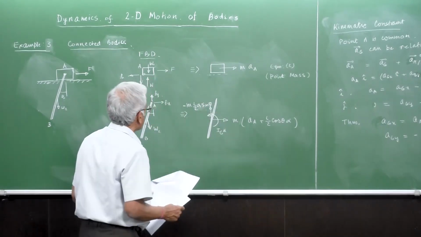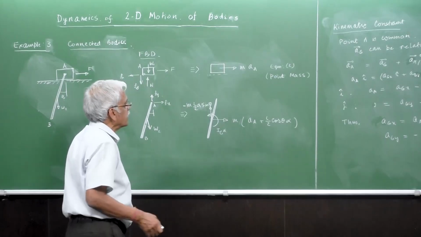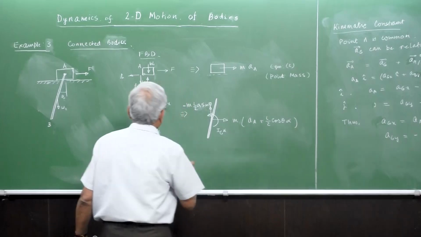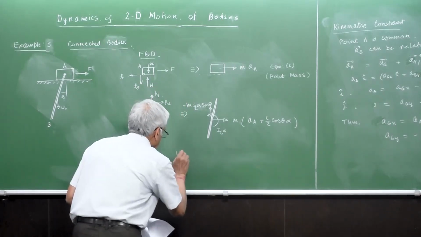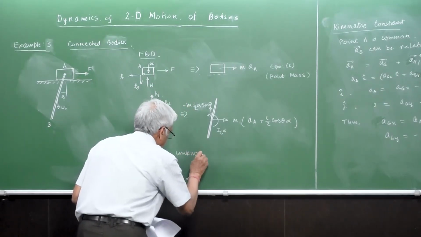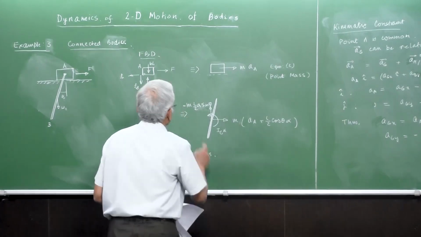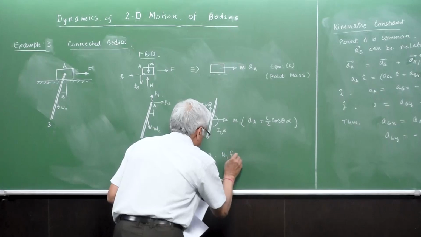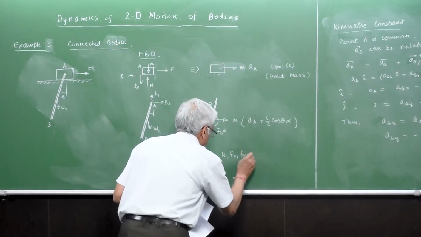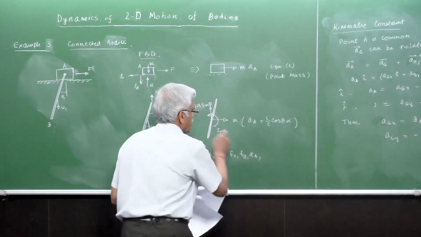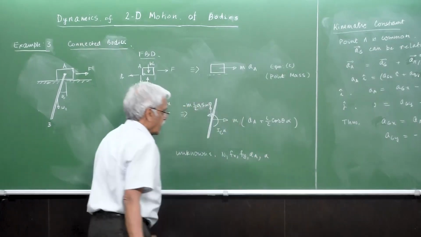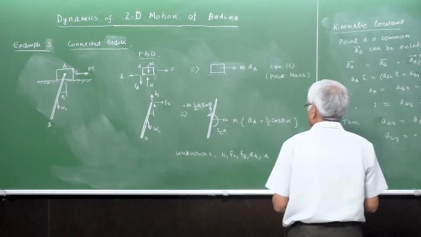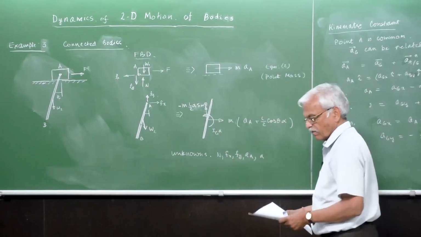Okay, so now if you count the number of unknowns here, there are 2 less here. The unknowns are N, Fx, Fy, and a, and here the alpha. So now two unknowns have been reduced and we have 5 unknowns.